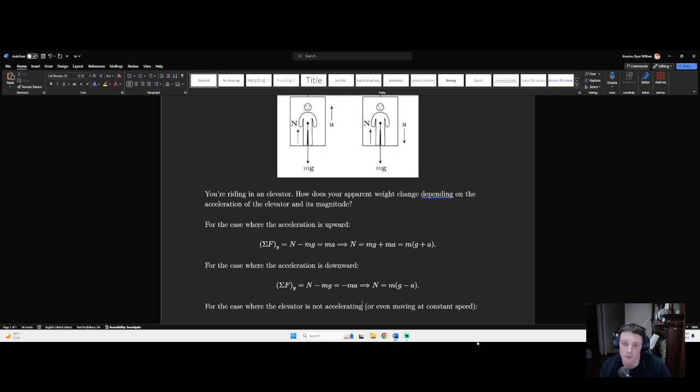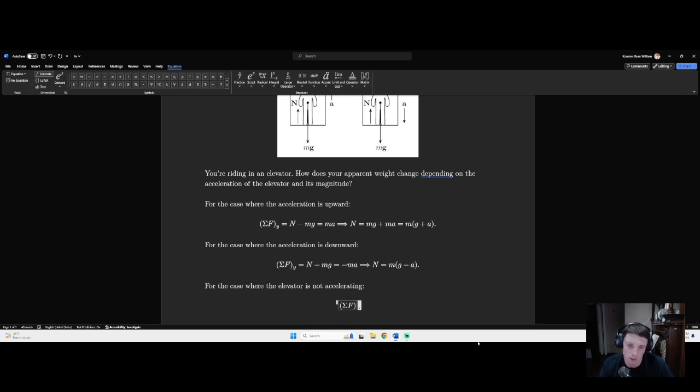What I'm trying to say here is that the elevator could be moving at constant speed, or it could be stationary. The result we're about to find is the same in both cases, and there's nothing shocking about it, though it's maybe a little bit weird.